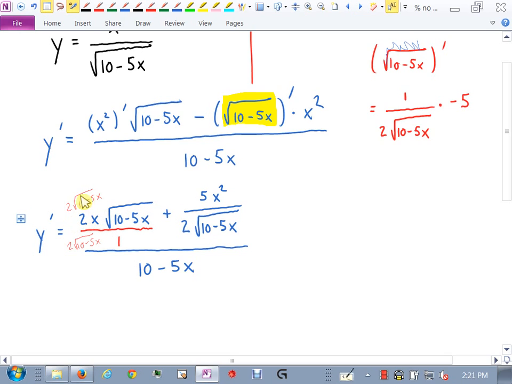Now, what happens when I multiply 2 root 10 minus 5x times 2x root 10 minus 5x? The 2 and 2 become 4. I still have an x, so 4x, and then the root and the root, they basically cancel, so I'll be left with the 10 minus 5x. So that will give me a 4, an x, and the 10 minus 5x, right?